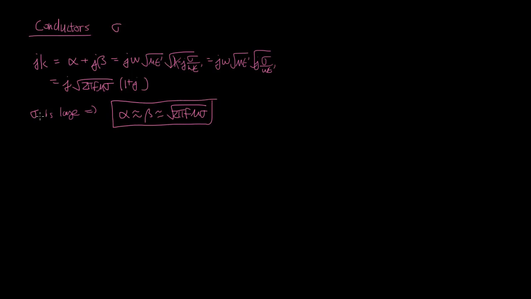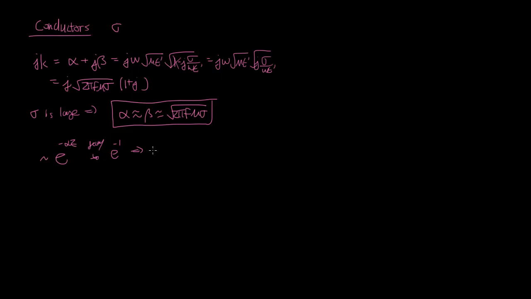So what you end up finding is that when sigma is large, alpha and beta are approximately equal, and that quantity is going to be the square root of pi f mu sigma. And so remember, the field decays in the shape of e to the minus alpha z, right? So it has an e to the minus 1 decay. So what we often define is the skin depth, the location where it decays to e to the minus 1 of the original signal, so decay by a factor of e to the minus 1.